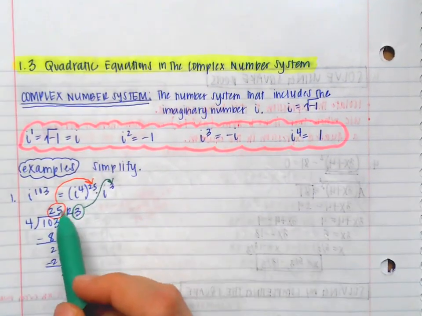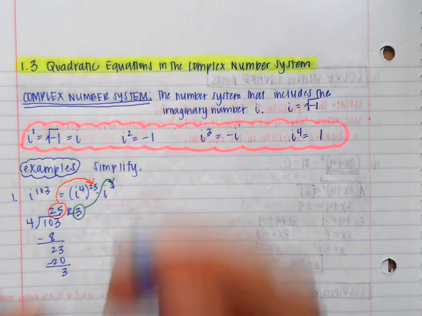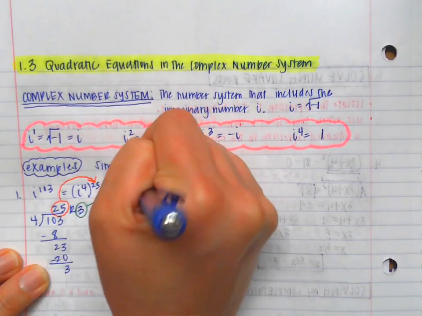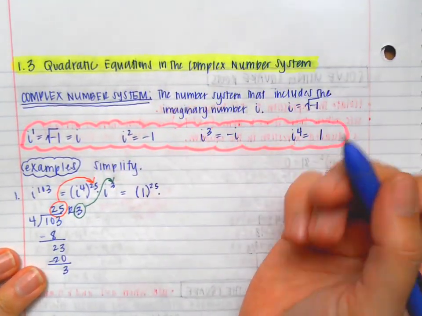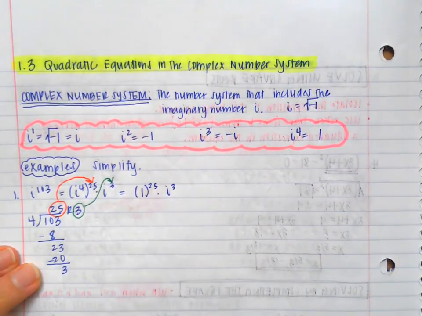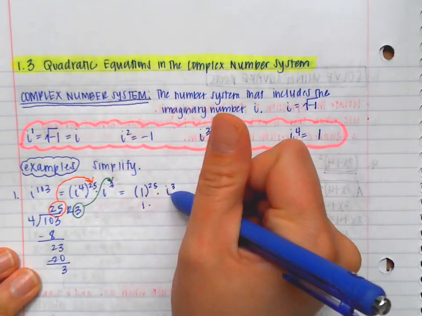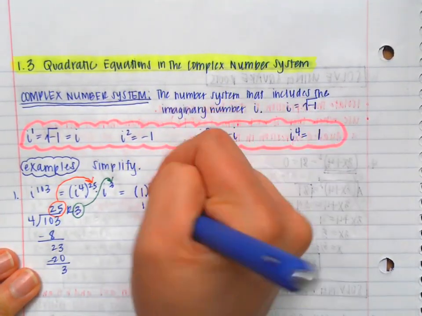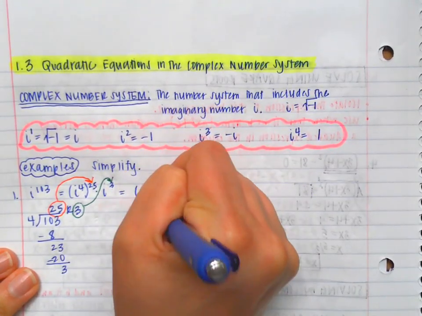And anything that's I to the 4th, we know is going to be 1. So that's 1 raised to the 25th power times I cubed. Well, 1 to the 25th power, 1 times 1 times 1, 25 times, is just 1. And I cubed, or I to the 3rd power, is negative I. 1 times negative I is negative I.